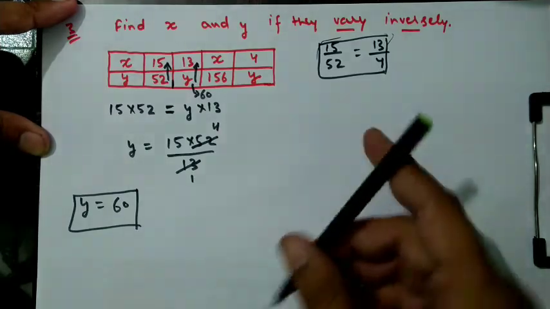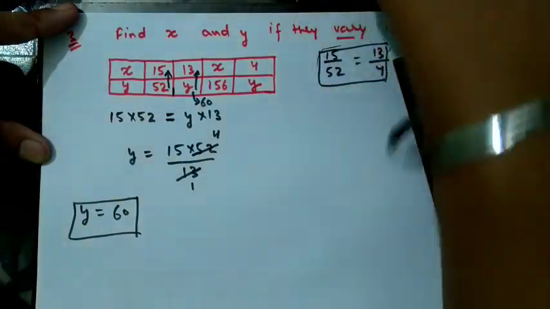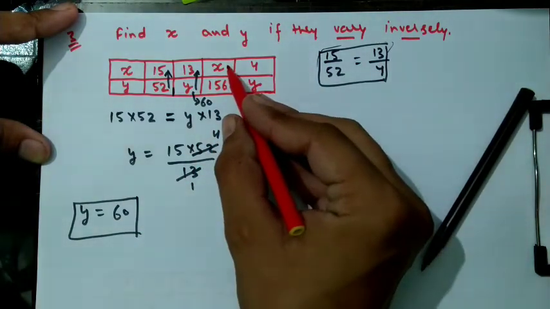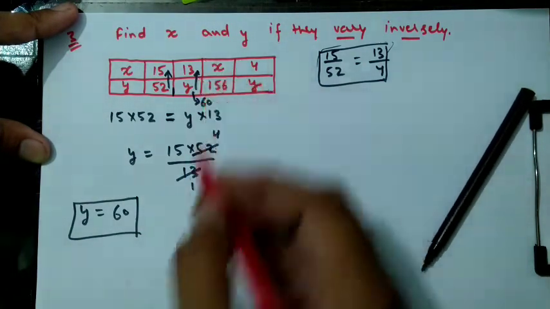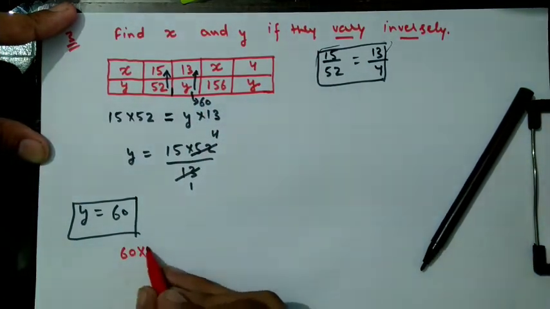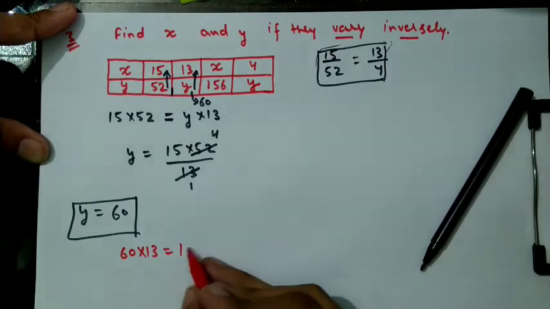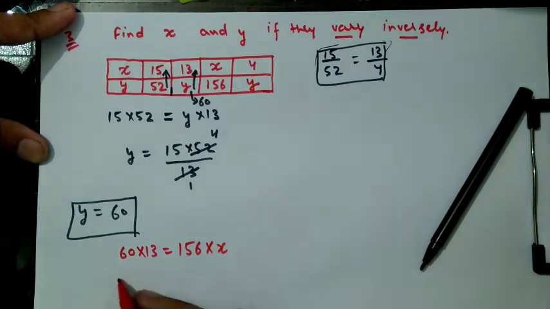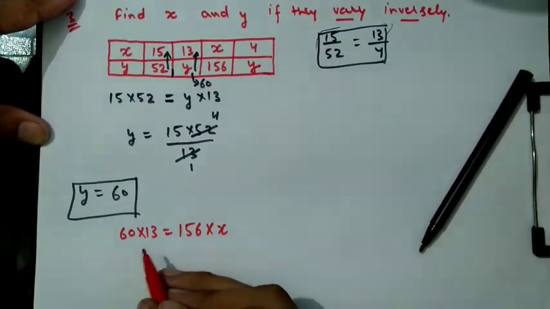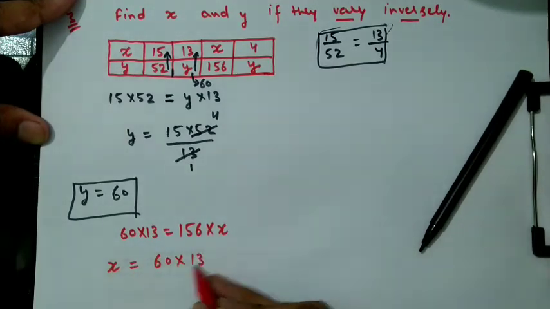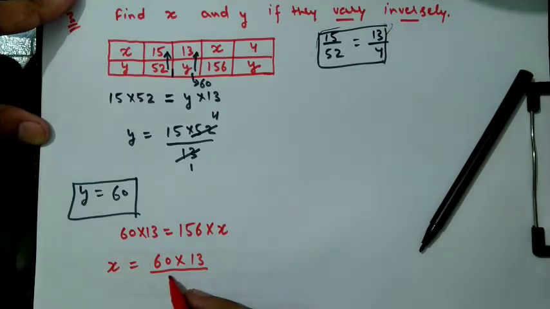In the next case, again you have to find the value of x by the same method. In the second case you will multiply 60 into 13. 60 into 13 is equal to 156 into x. So by simplification you will get x is equal to 60 multiplied by 13 divided by 156.